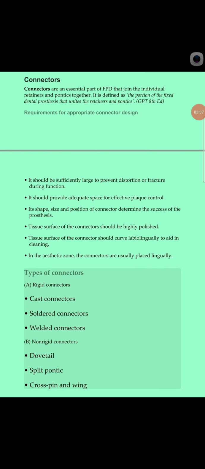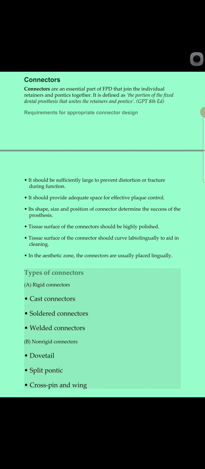Now before going into detail, let's discuss the main points of each type. First, the rigid connector is the most commonly used type of connector. In the rigid connector, what is the difference between cast connectors, soldered connectors, and welded connectors?